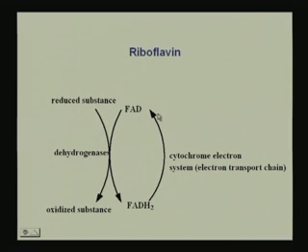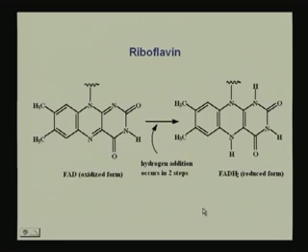So, we have FAD going to FADH2. This is an example of where we have a cytochrome electron system in the electron transport chain. So, we have the reduced substance going to an oxidized substance with the help of an enzyme, a dehydrogenase in this case, that is going to abstract the hydrogens from your reactant and give it to FAD, forming FADH2.